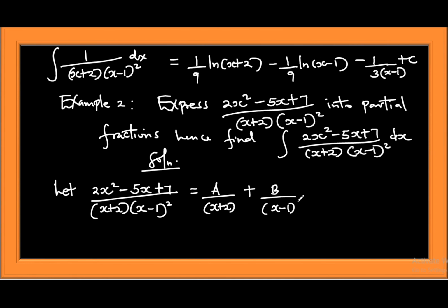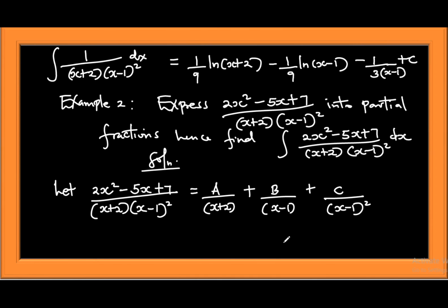We said we start with power 1. So power 1, of course, is as good as having (x minus 1). And then plus c divided by (x minus 1) but squared.